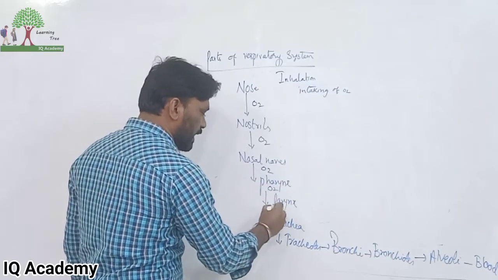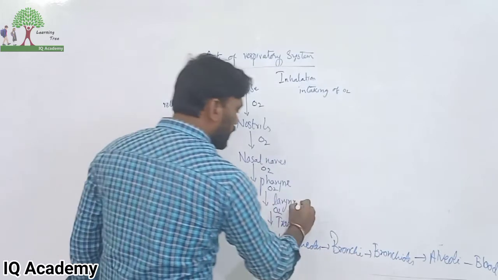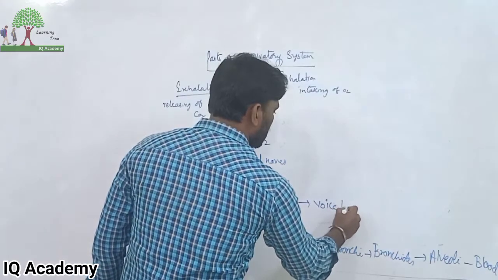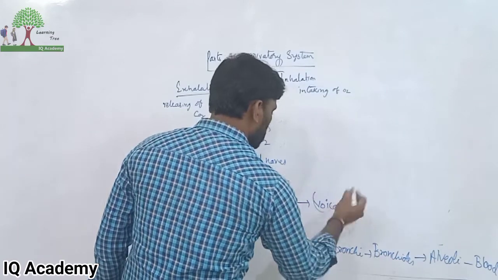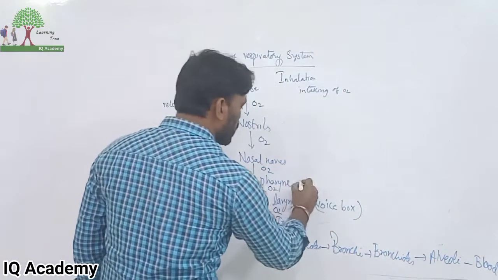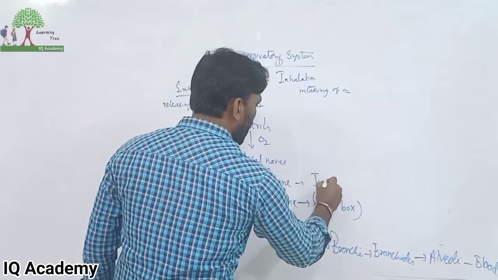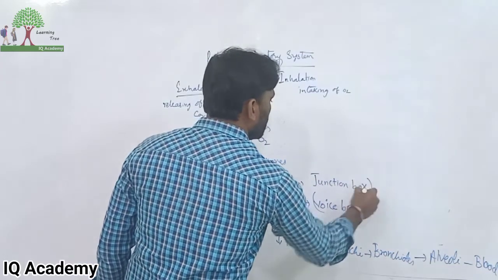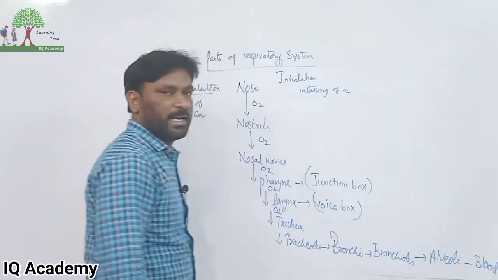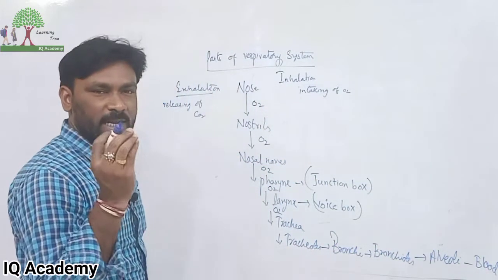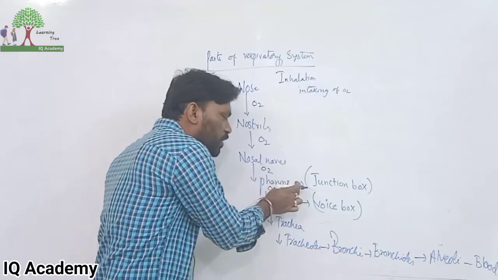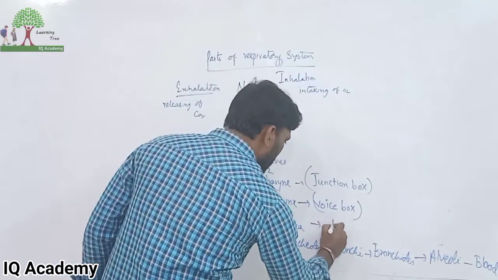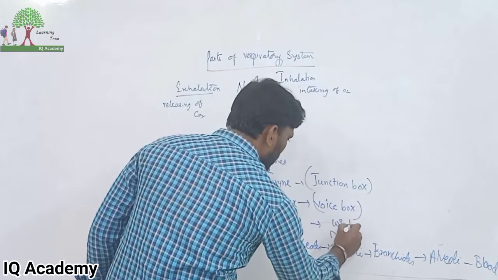The pharynx leads to the larynx. The larynx is called the voice box. The pharynx is called the junction box because it is a junction for the passage of food as well as air. The trachea is called the windpipe.